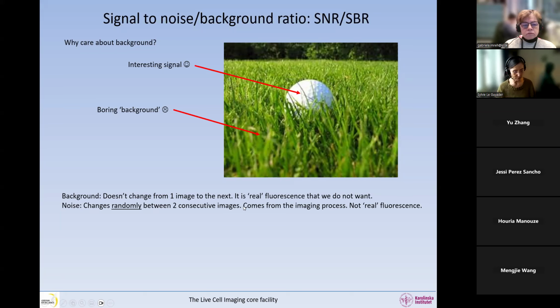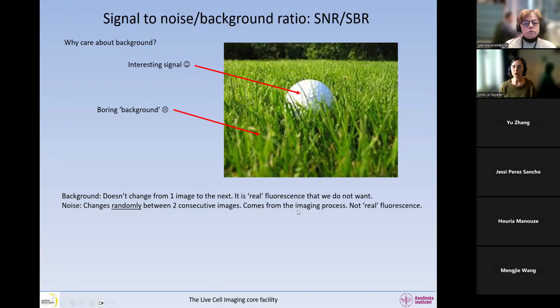For some of you, I have demonstrated the noise, and I think you have had as an assignment to take a very short time lapse of your sample, and we're going to use this to look at the noise in our images. So the noise changes and it's random, whereas the background doesn't change.